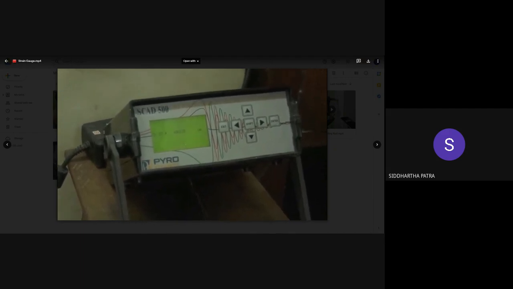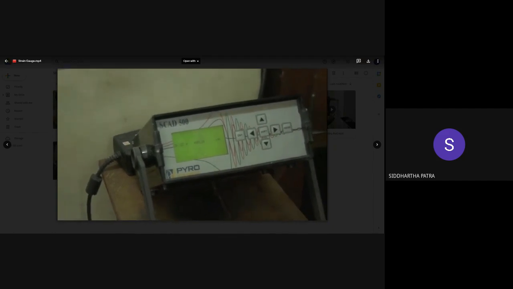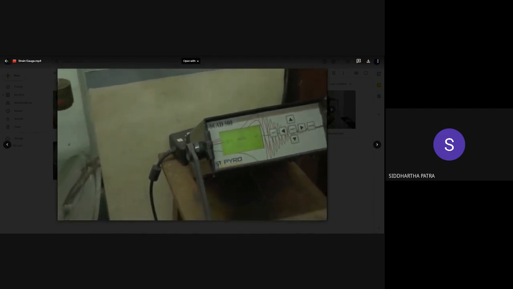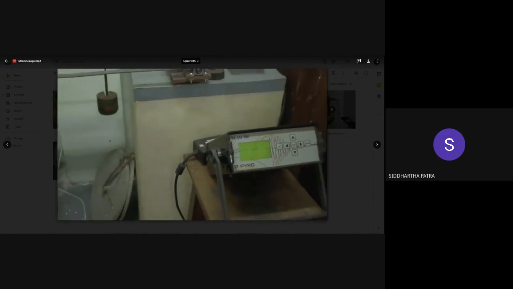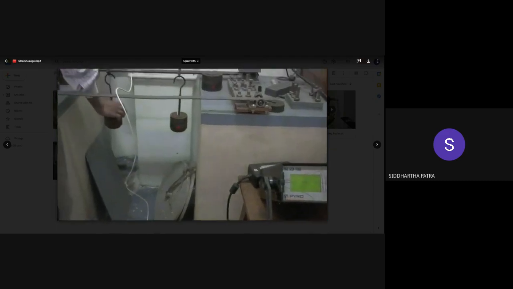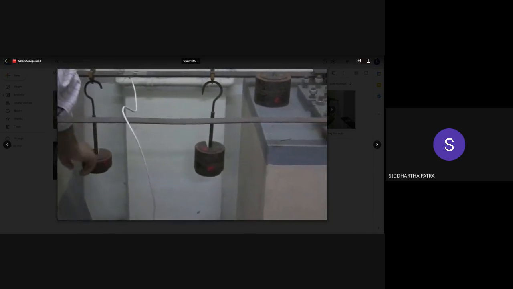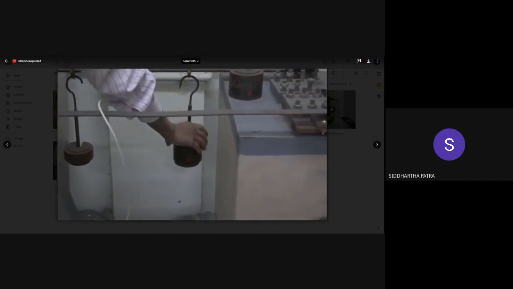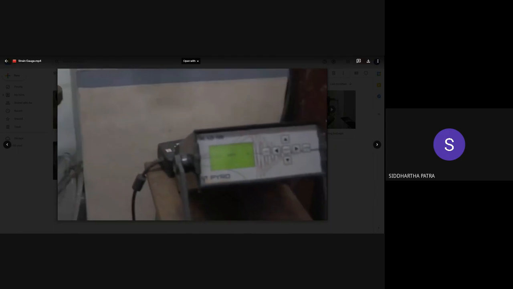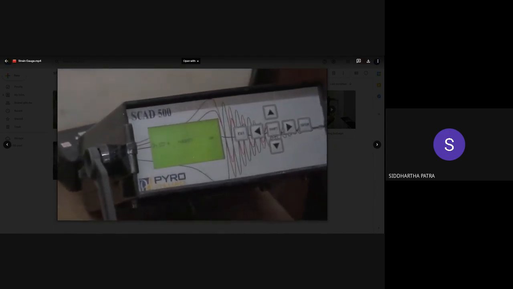The reading is 124. Now the loading is 3 pound at each location.